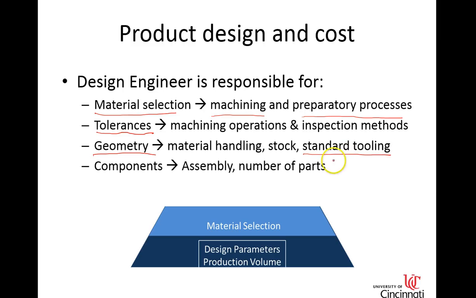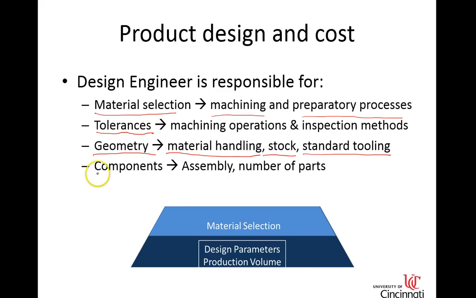You've gone from a $2 drill to a $12 drill, because you're going to have to get special grinding and special manufacturing done on the tool before you can do the actual manufacturing of your part. Also, it can affect the size of stock that you select and even the type of material handling you use in order to pick the part up, just because it might have an awkward shape and now you're worried about a safety issue.